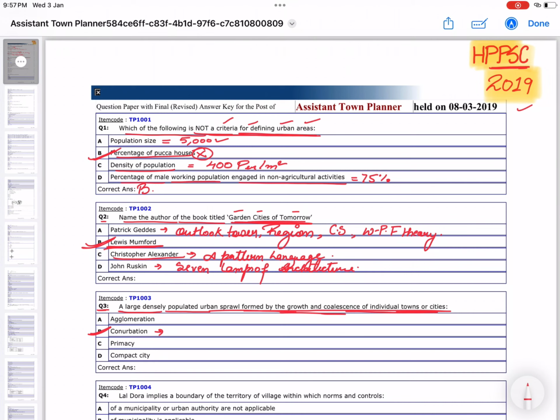Conurbation is a large settlement and the population of a conurbation is more than 5 crores. A compact city is a highly dense city to save energy.